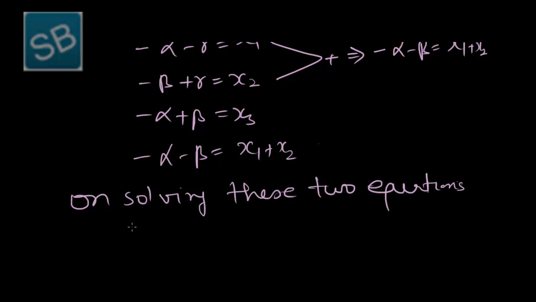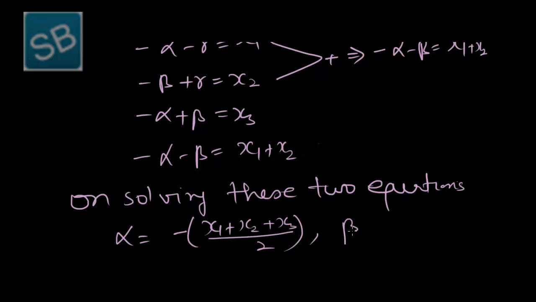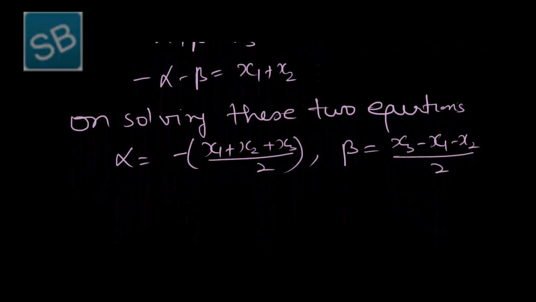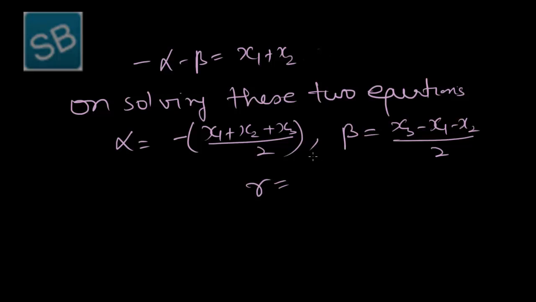On adding, we will get minus 2 alpha is equal to x1 plus x2 plus x3, and alpha is equal to minus of x1 plus x2 plus x3 over 2. And on solving, we will get beta is equal to x3 minus x1 minus x2 over 2. By substituting the values of alpha and beta in one of these equations, we will get the value of gamma as x2 plus x3 minus x1 over 2.